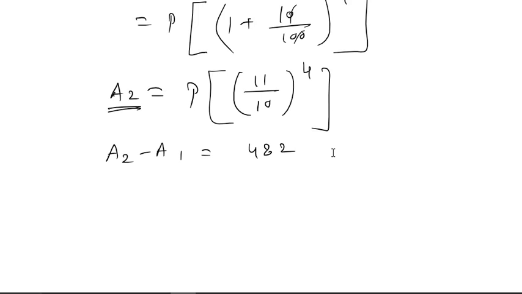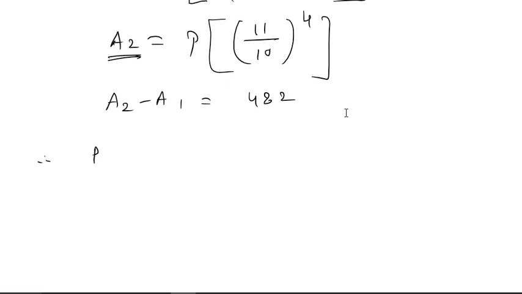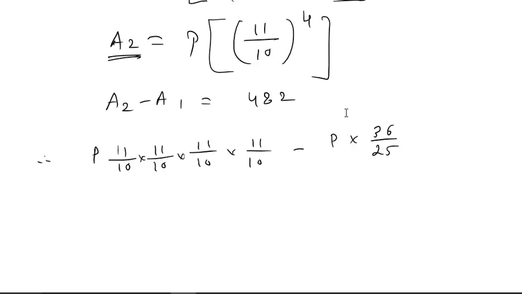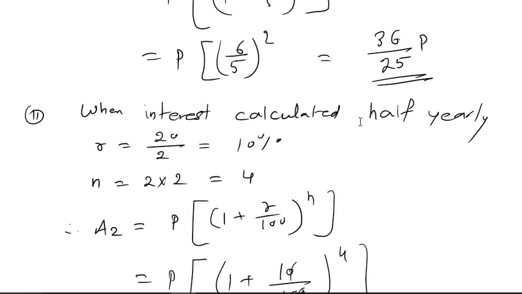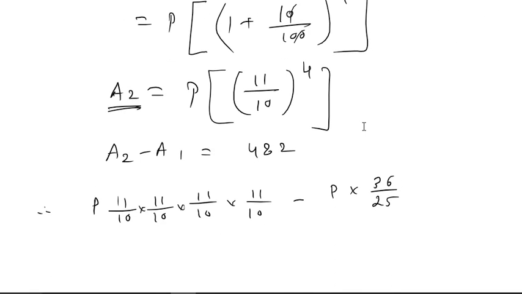So therefore I can say that P into 11 upon 10 power 4, which means 11 into 11, 4 times I will do, minus P into 36 upon 25, what we have got, 36 upon 25 P. This calculation gives me 482.